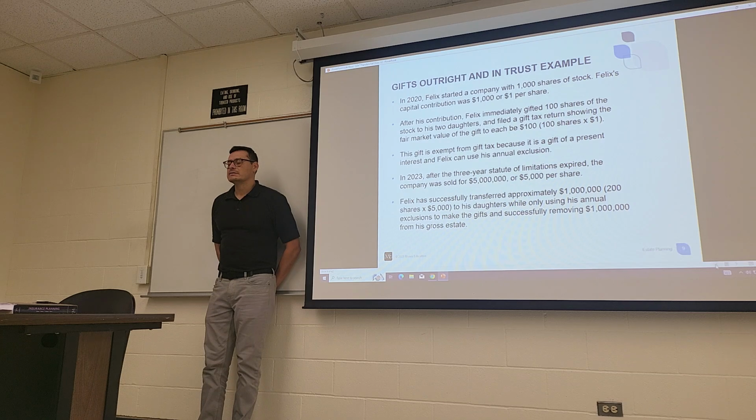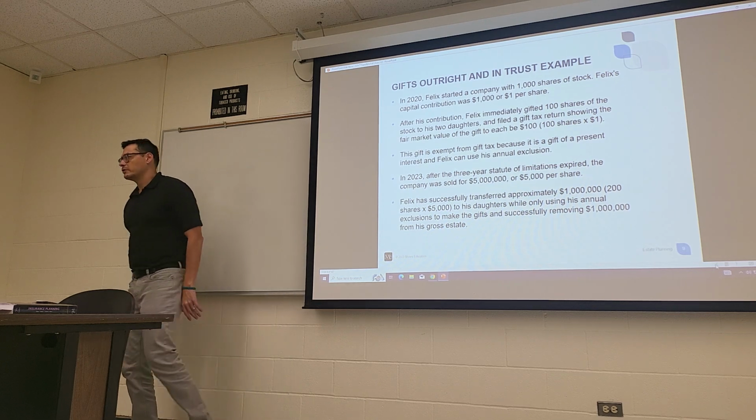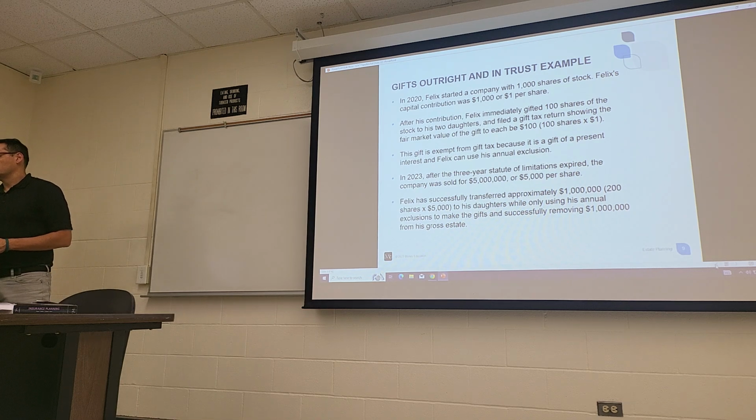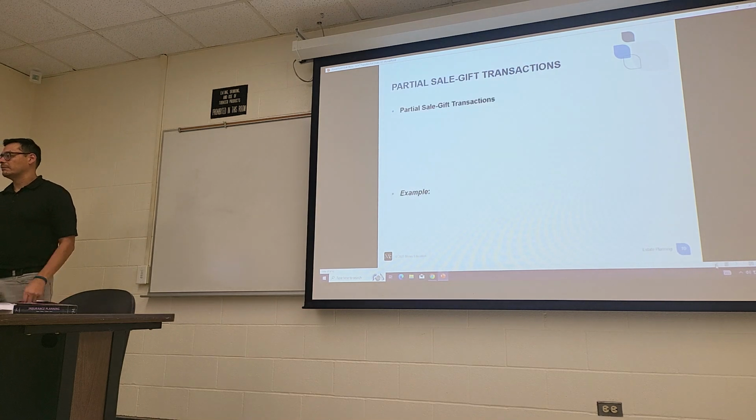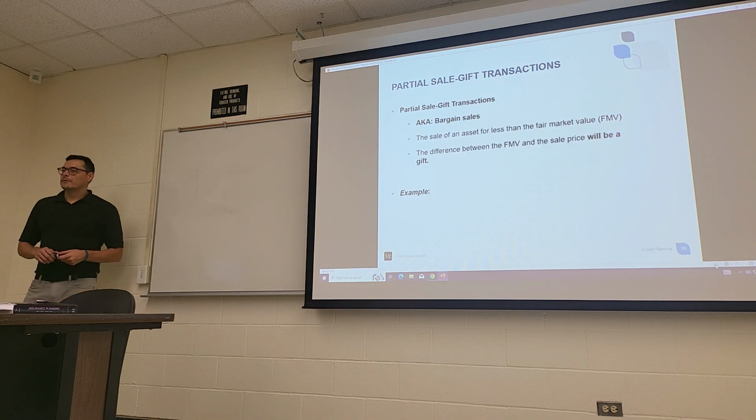I don't know if life insurance had any special rules, but there is a 3-year look back for any gifts, transfers that are subject to be included in your gross estate. You have to live that 3 years. Keep that in mind.